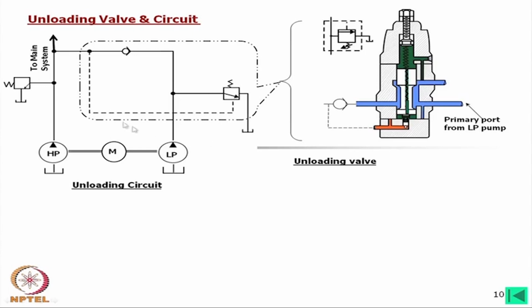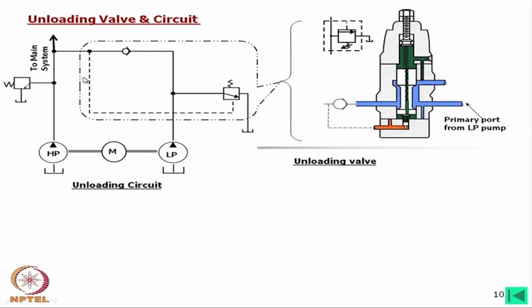Let us consider that the pressure setting here is 10 megapascals and the system pressure is more than that. Sorry, I have made a mistake. This is 10 megapascals, and it is working at a high pressure.